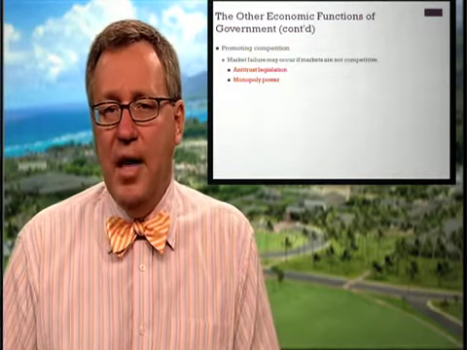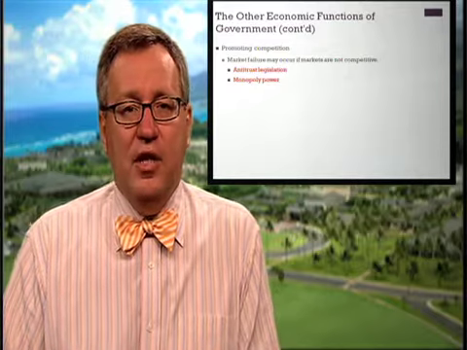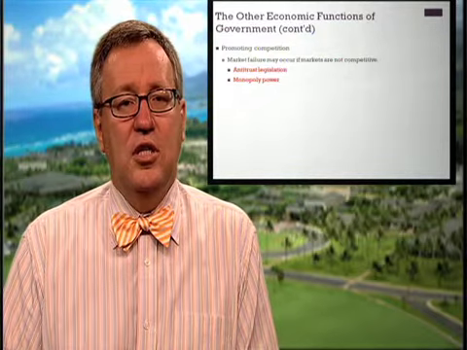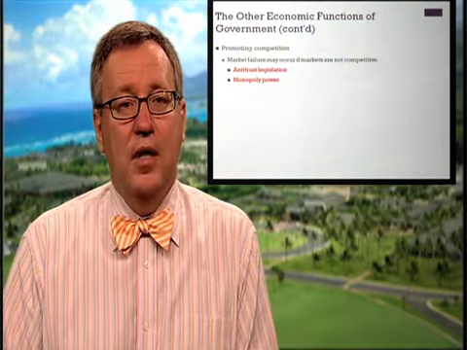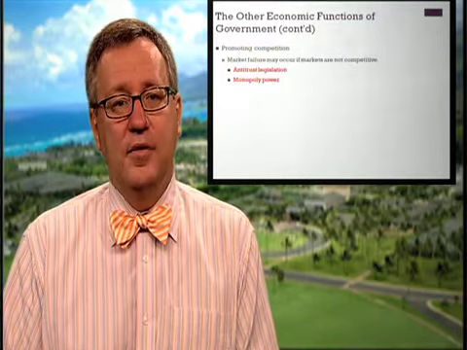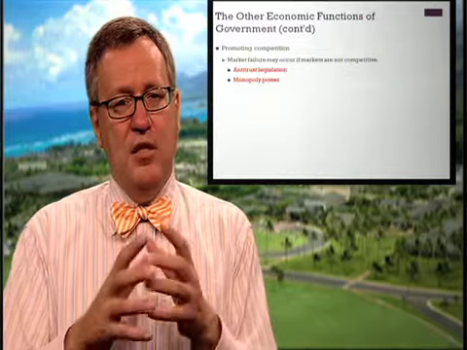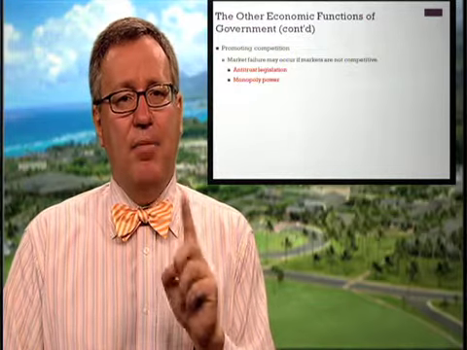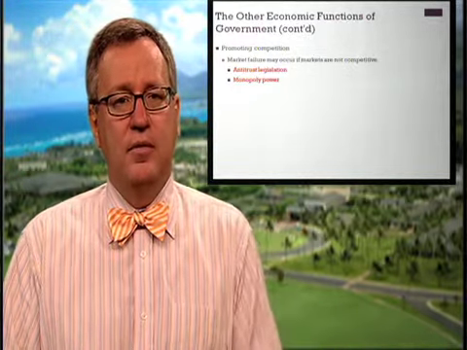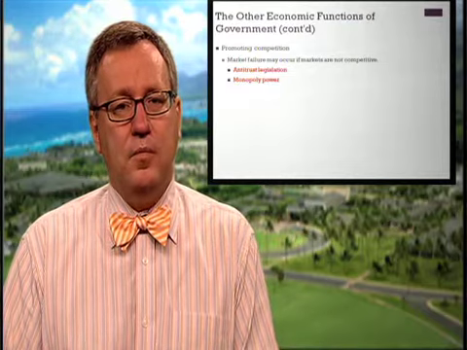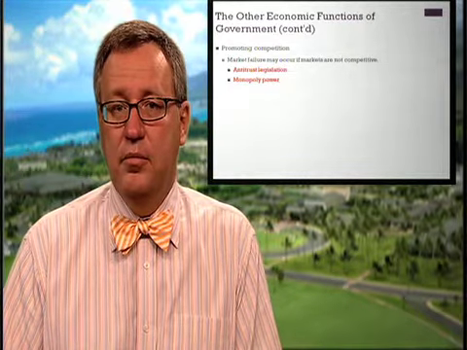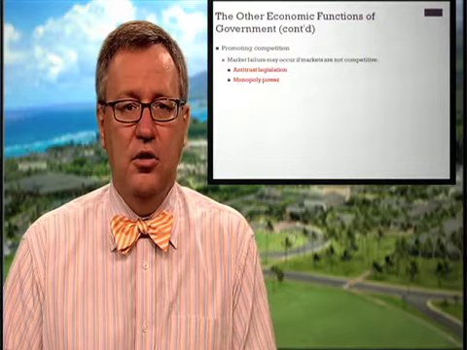Sometimes we have things called monopoly power. If you live in Laie, you know that your electricity is provided by Hawaiian Electric. They are a monopoly, and we'll talk about monopolies again in future chapters. But what that means is it's one company, and they provide all the power to everybody in the city. There isn't a competitive firm. There isn't some other option that you can turn to.